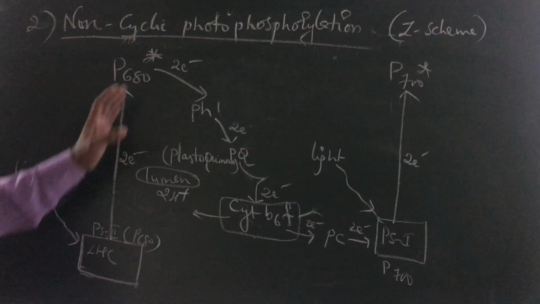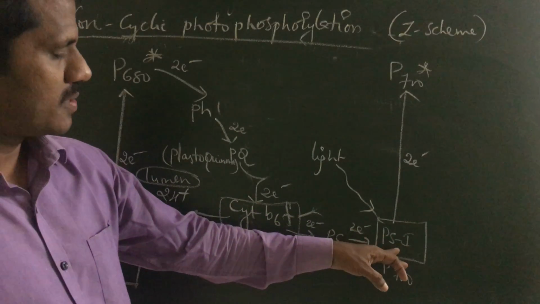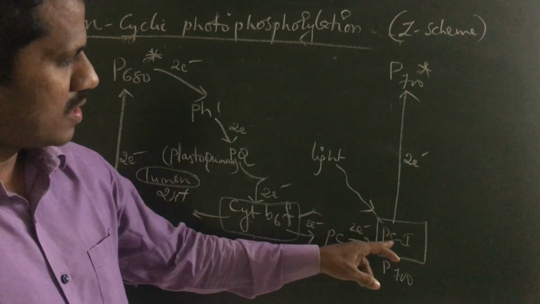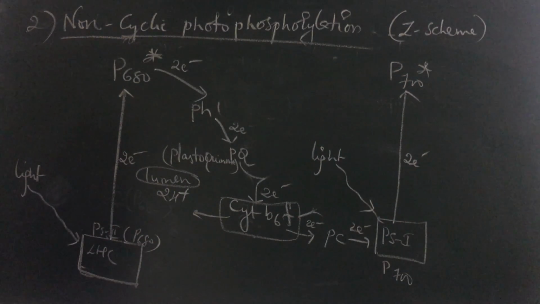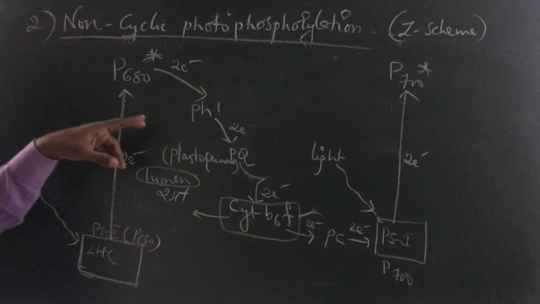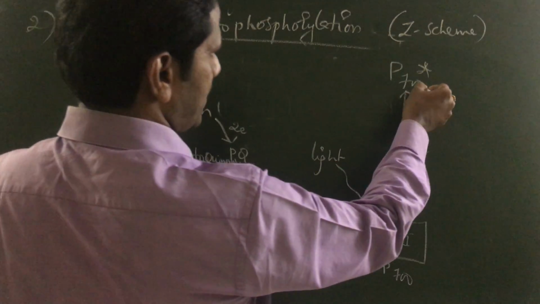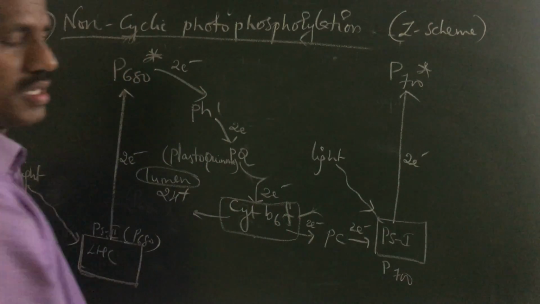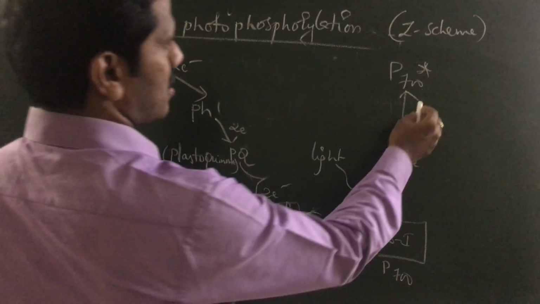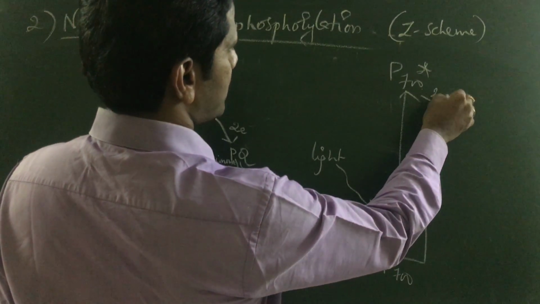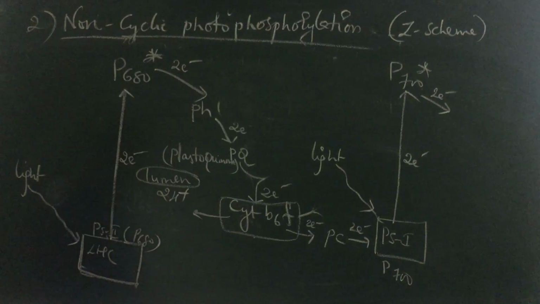So these electrons will be accepted, and its own electrons also can be moved to the primary electron acceptor. So here, in the primary electron acceptor, the two electrons are first accepted. This is just like in the cyclic pathway.